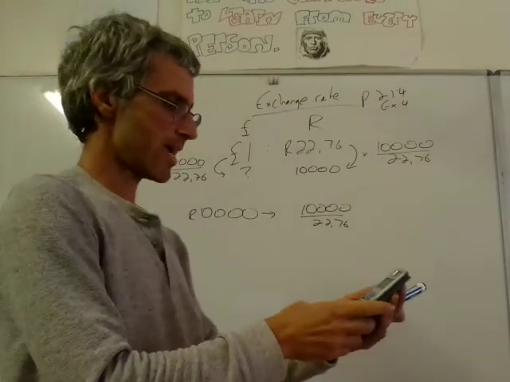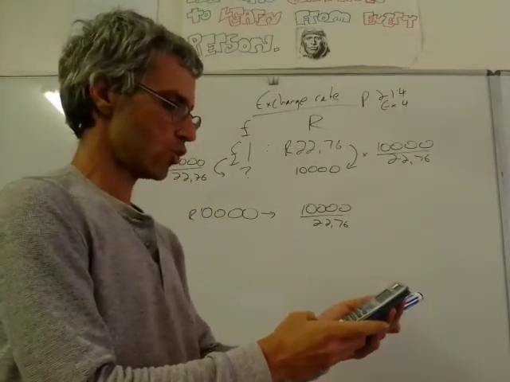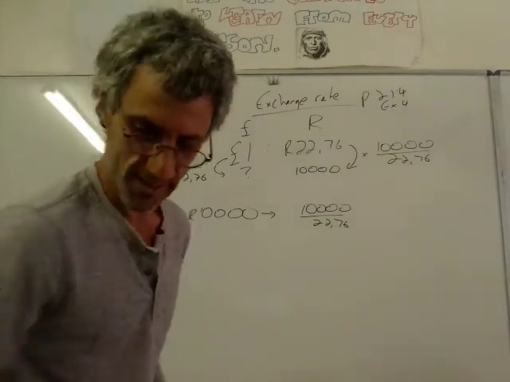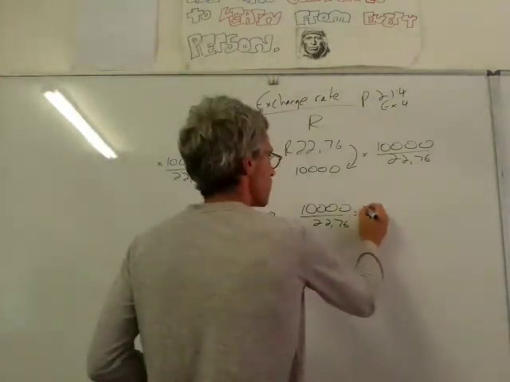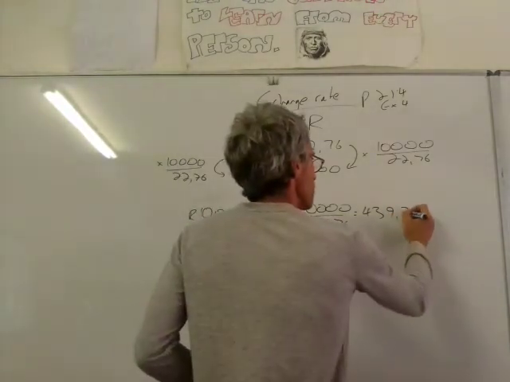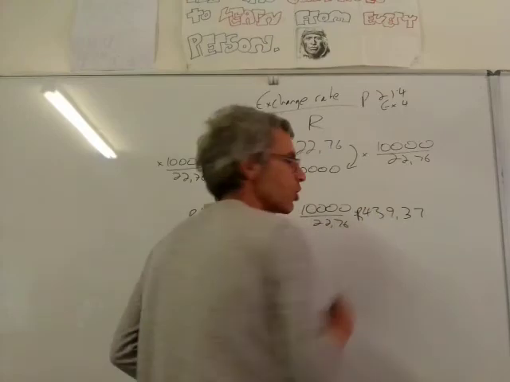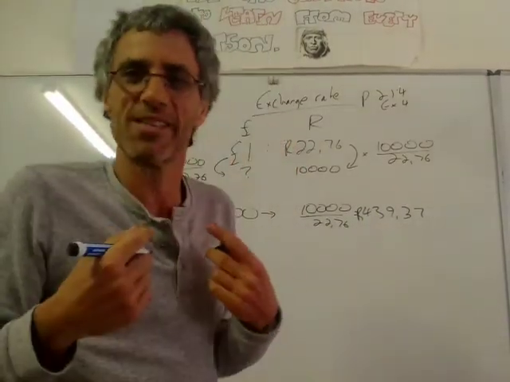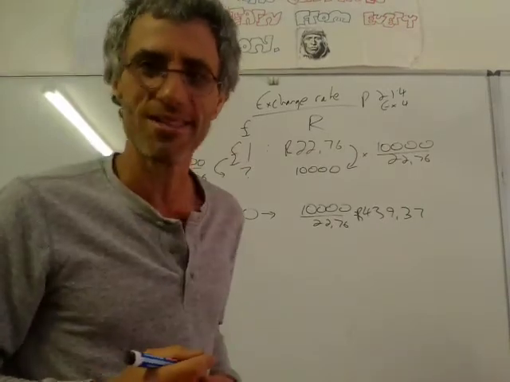So 10,000 divided by 22,76 is 439.37. So that's equal to 439.37, not cents, but pence. In the UK, you've got pounds, and what we call cents here, they're called pence.